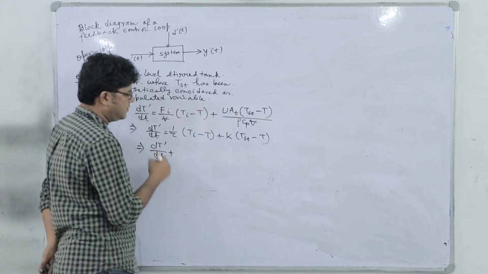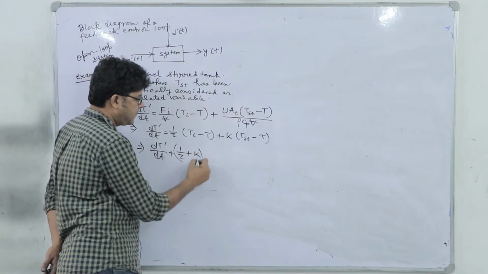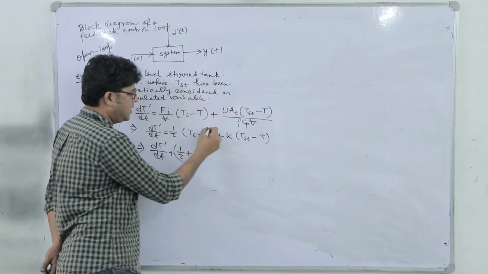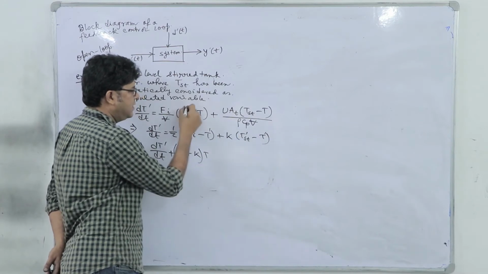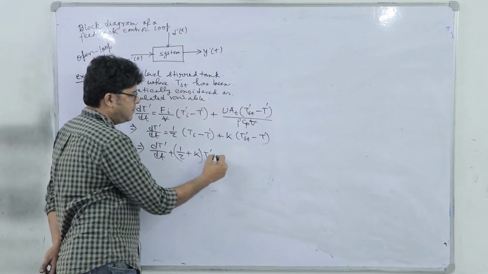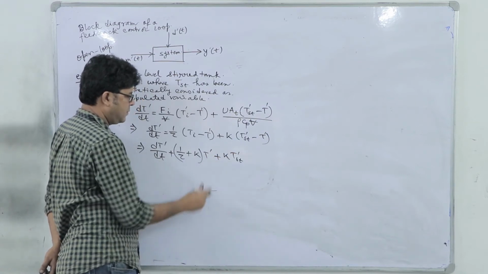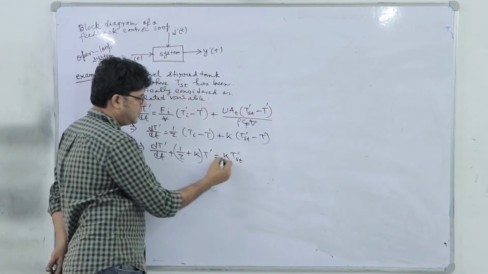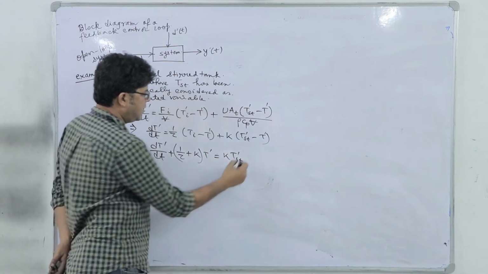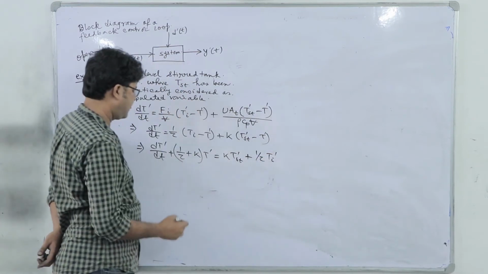Probably we have done this exercise, again I am repeating it: (1 by tau plus K) whole bracket, or let's have all this in deviation variable form, T prime plus K Tst prime. Sorry, this is K into Tst prime plus 1 by tau into Ti prime.